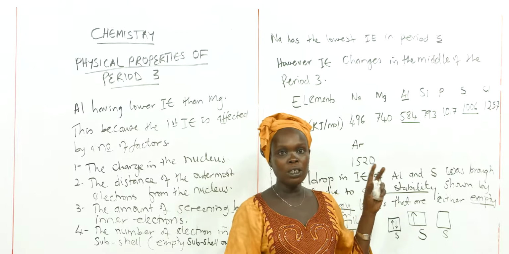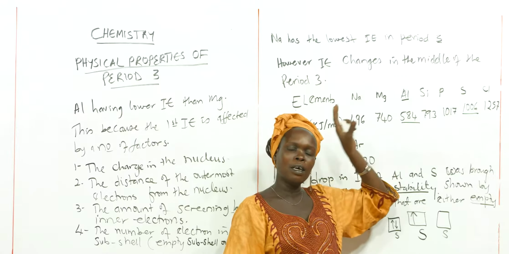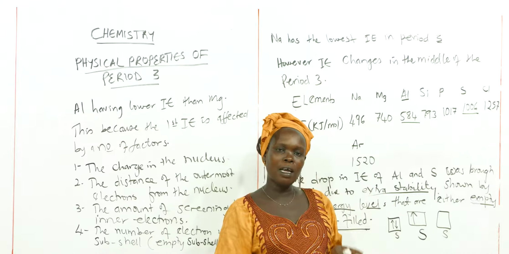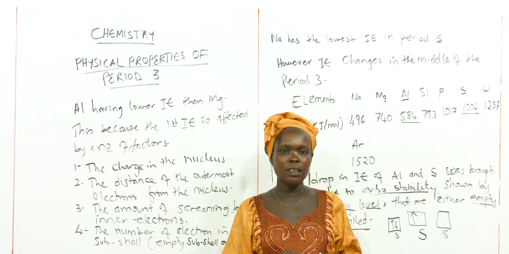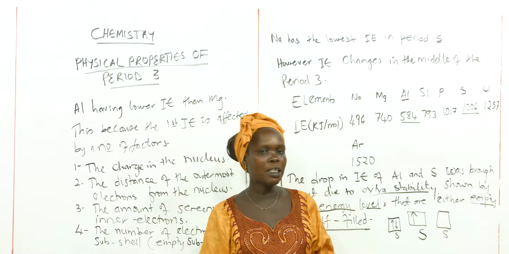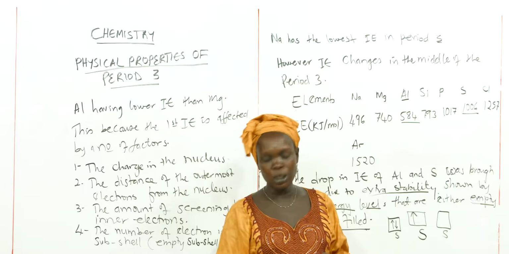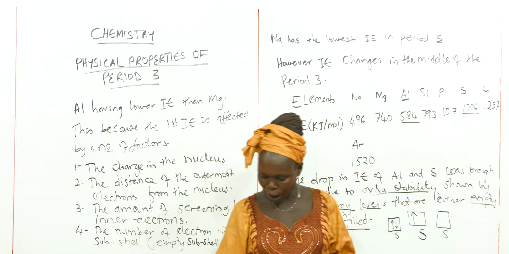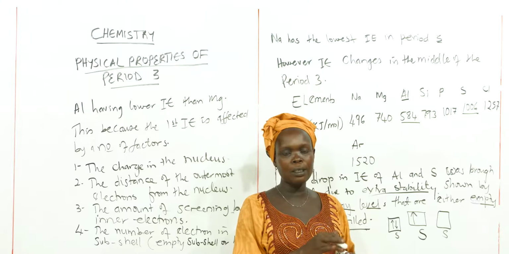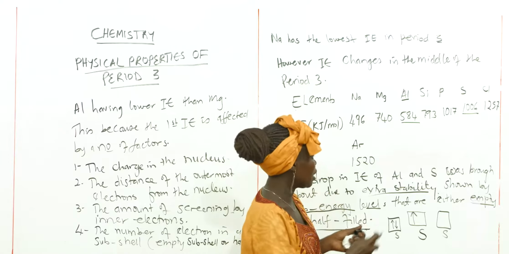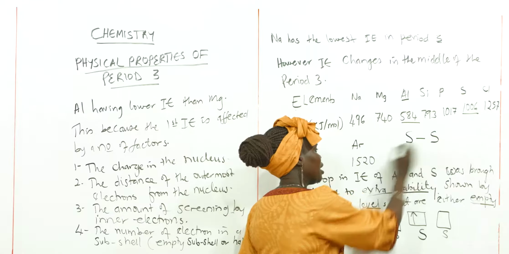We need to remember that sulfur forms S8. So the structure of a sulfur molecule has 8 sulfur atoms binding together to form a concrete structure. So it means a sulfur is connected to another sulfur.